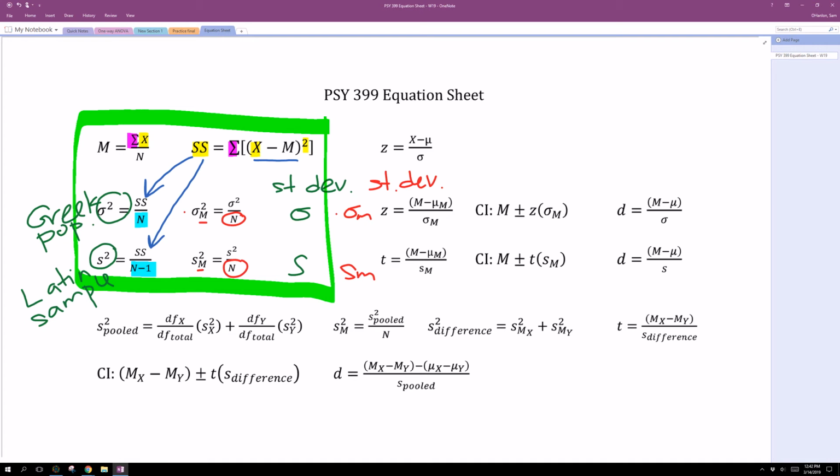Again, you divide by n to go from the distribution of scores to the distribution of means, and then to get from variance to standard deviation, you take the square root.